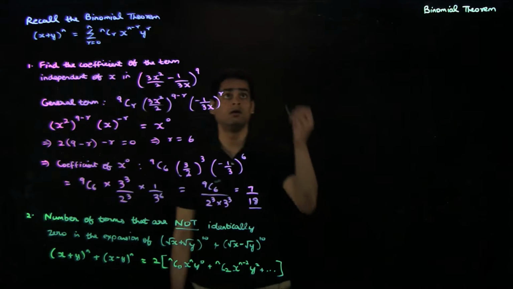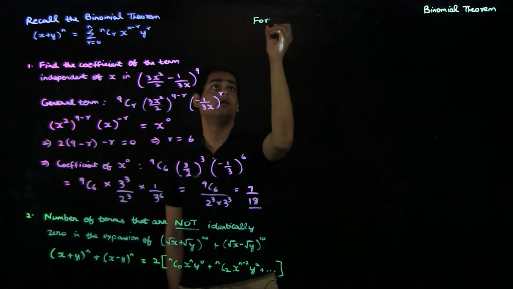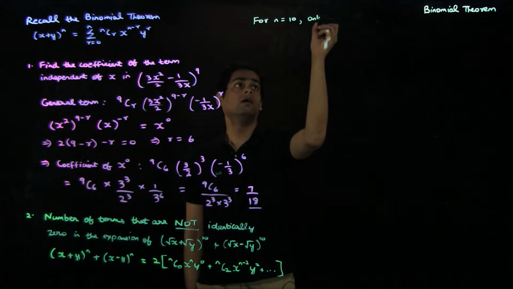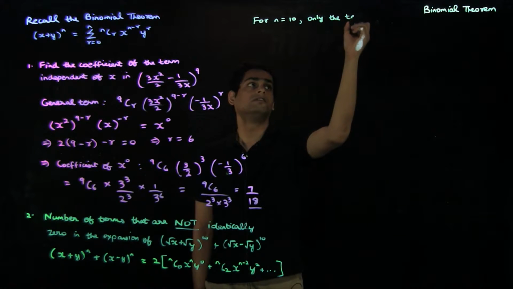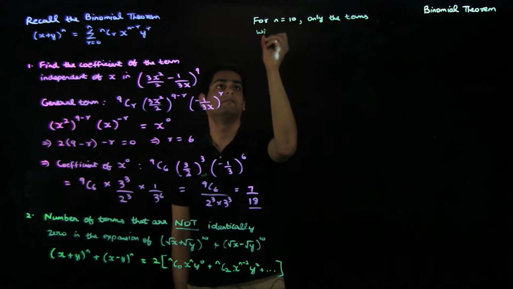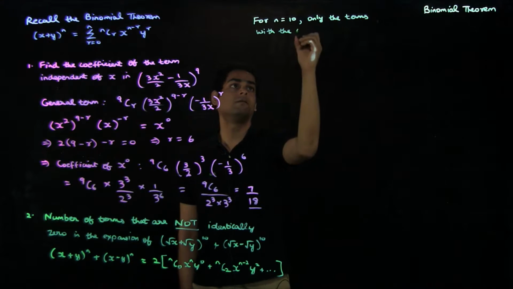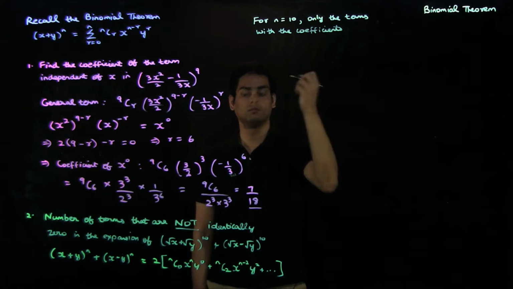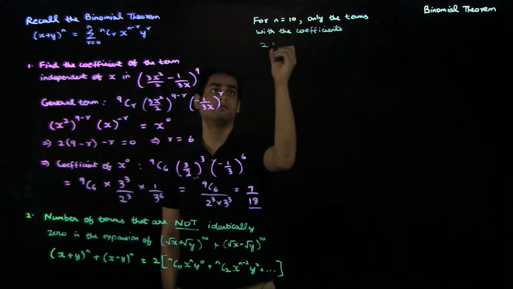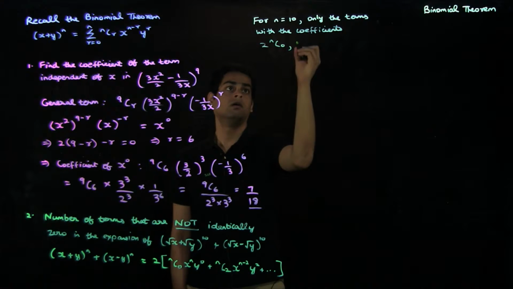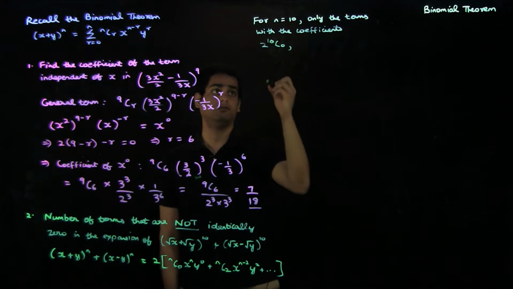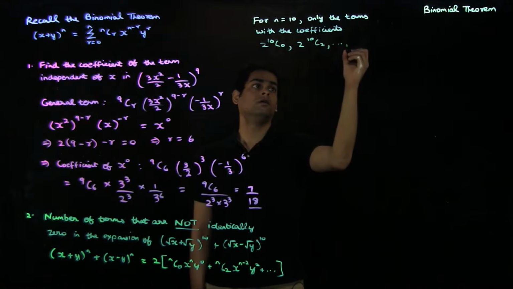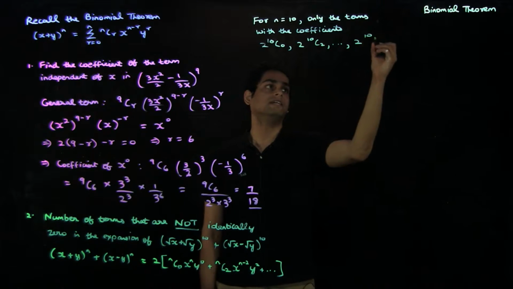And so for n equals 10, only the terms with the coefficients 2 times nc0, where n is 10 now, so we can just write 2 times 10c0, 2 times 10c2, and so on till 2 times 10c10.